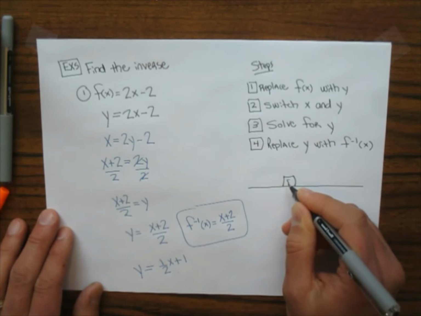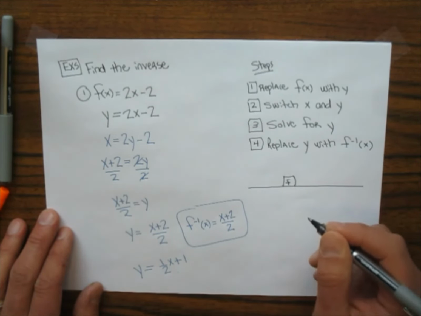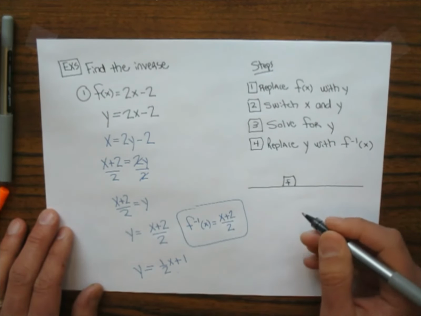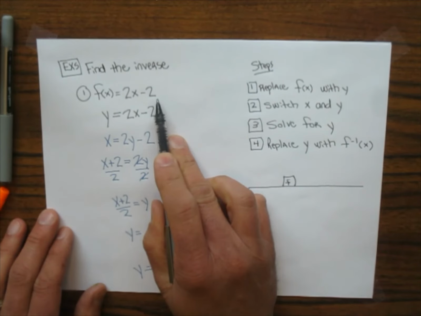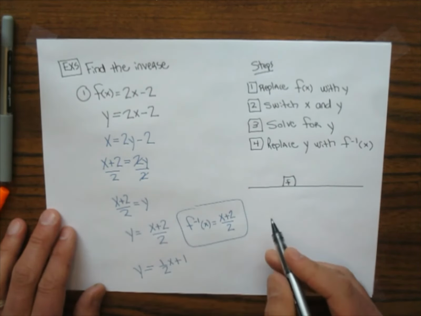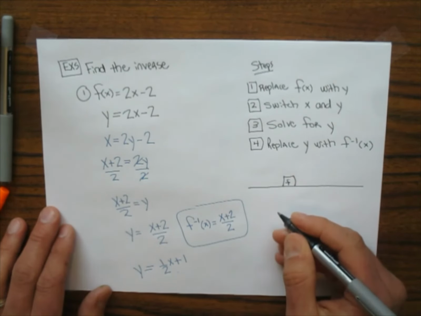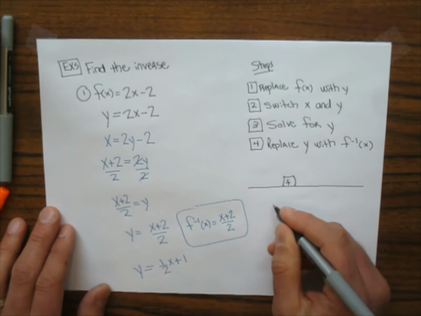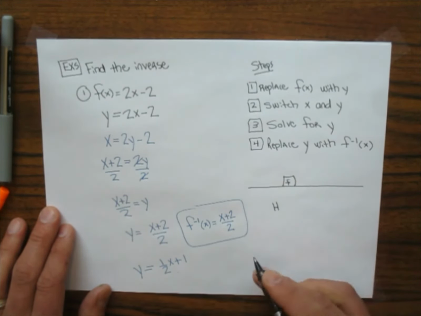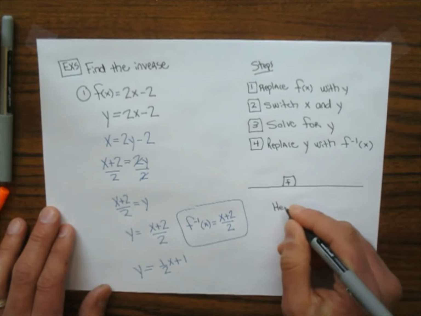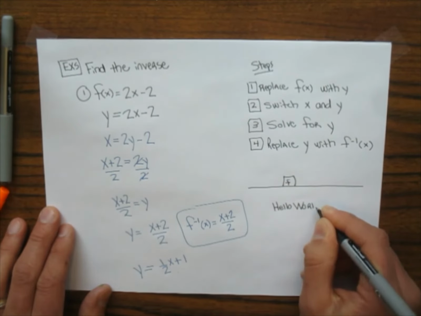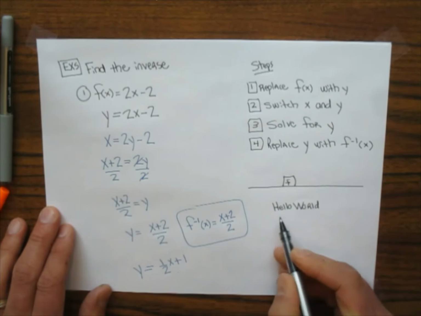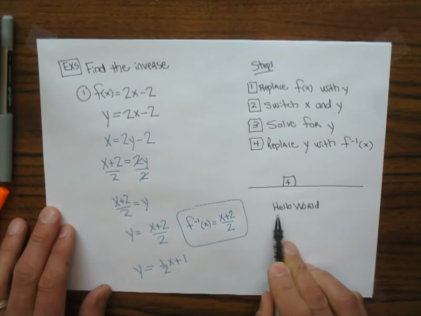Suppose you're doing some cryptography and you want to use this to encode something. So you might take this message. Hello world, or whatever, and start assigning these to numbers.